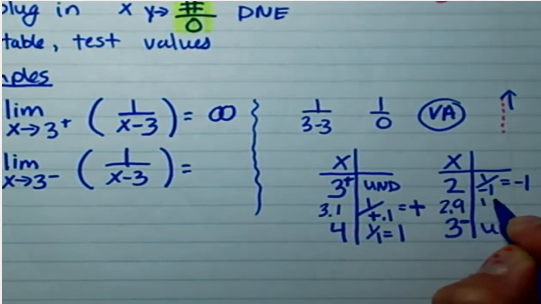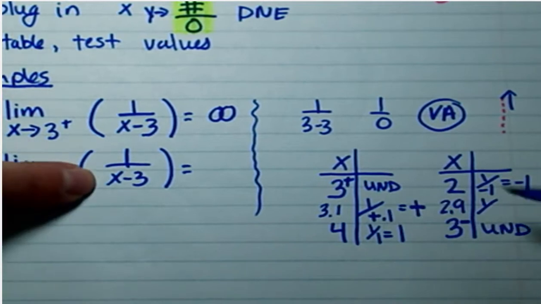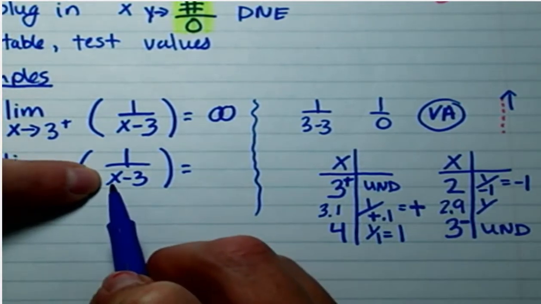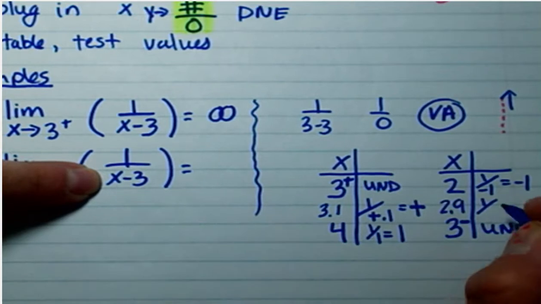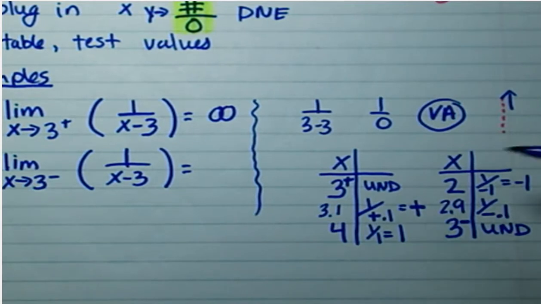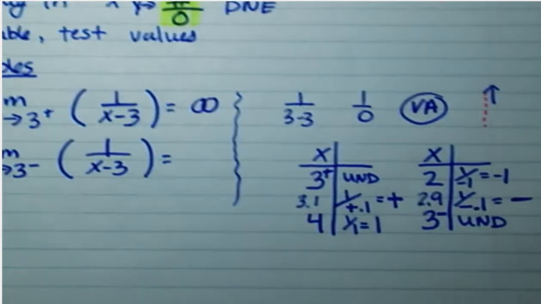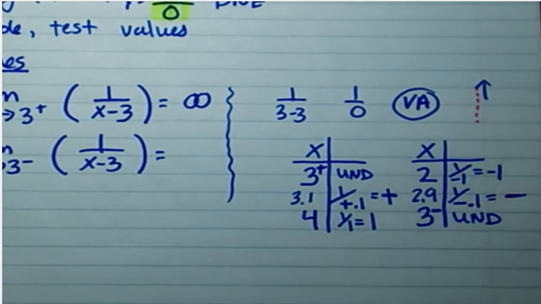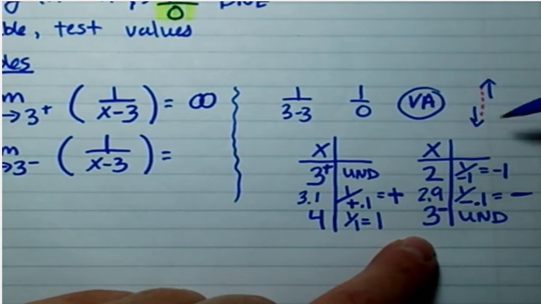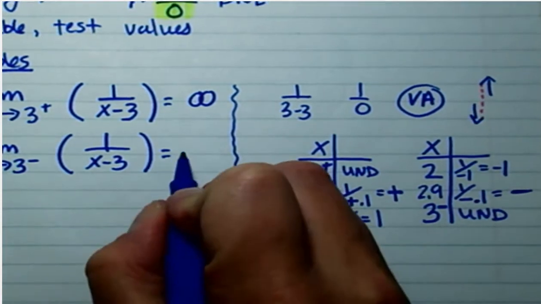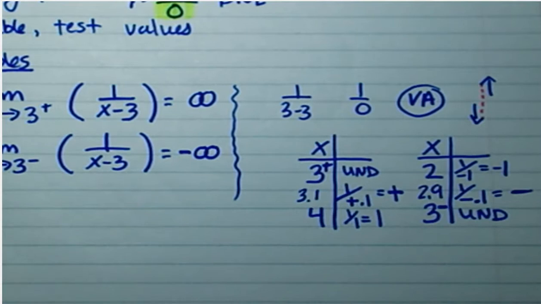So let's try it. 1 over 2.9 minus 3 is negative 0.1. Well, a positive divided by a negative is negative. That's what I want to know. So that means to the left of 3, the arrow points down. There are only 2 answers, positive or negative infinity.